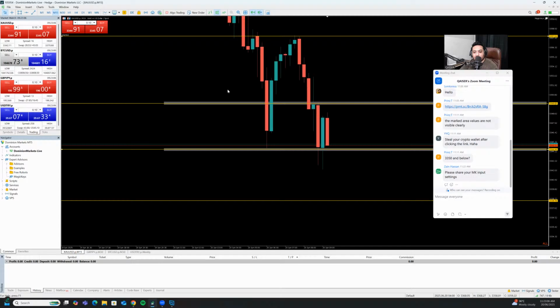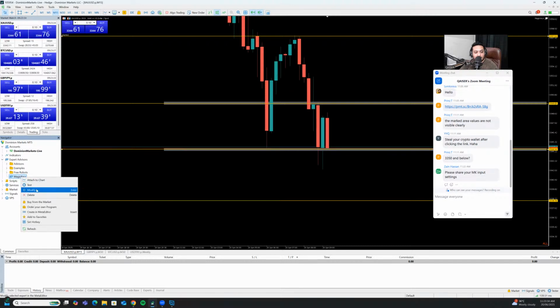Please share your magic keys input setting. Actually, I didn't do a proper setting of my magic keys. I'm just using it right now as a pips counter. But if you wanted to set up your magic keys, I think it should be somehow like this.